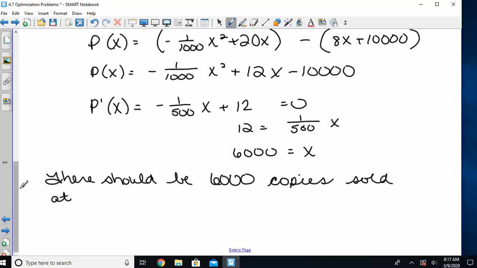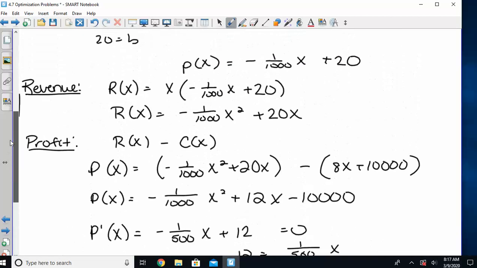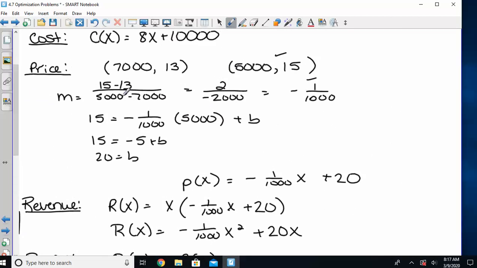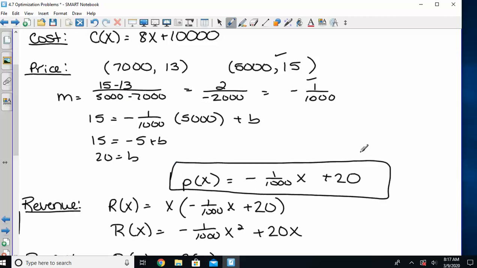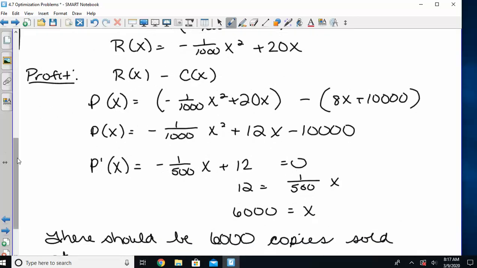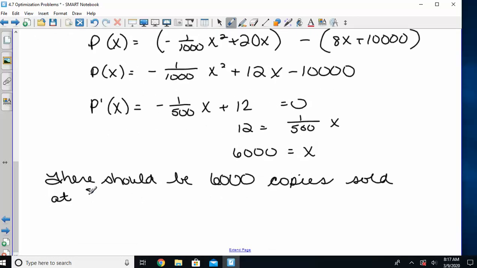So I need to go to my price equation, which was right here. And if I plug a 6,000 in there, we get 14. So we should print 6,000 copies and sell them at $14 each.